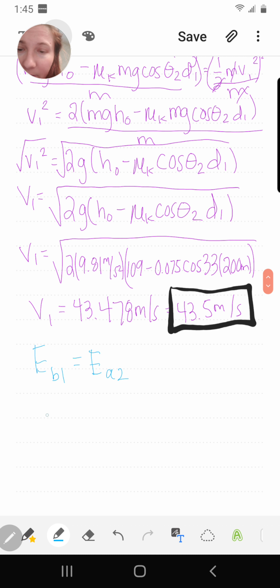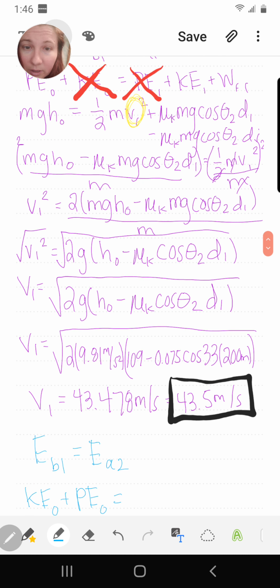Well, what is our initial energy? We've got our initial kinetic energy plus our initial potential energy, and that's going to equal our final energy.